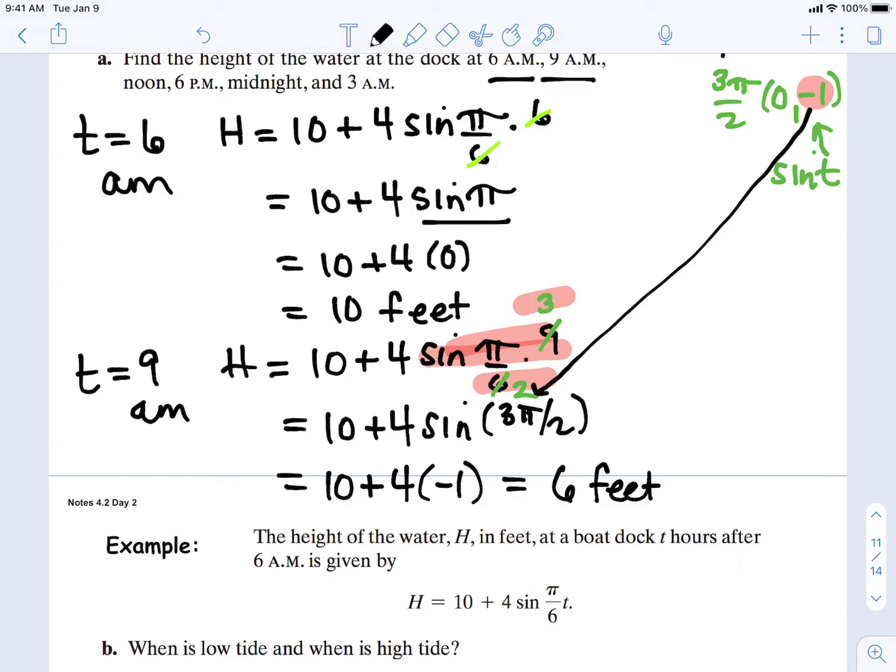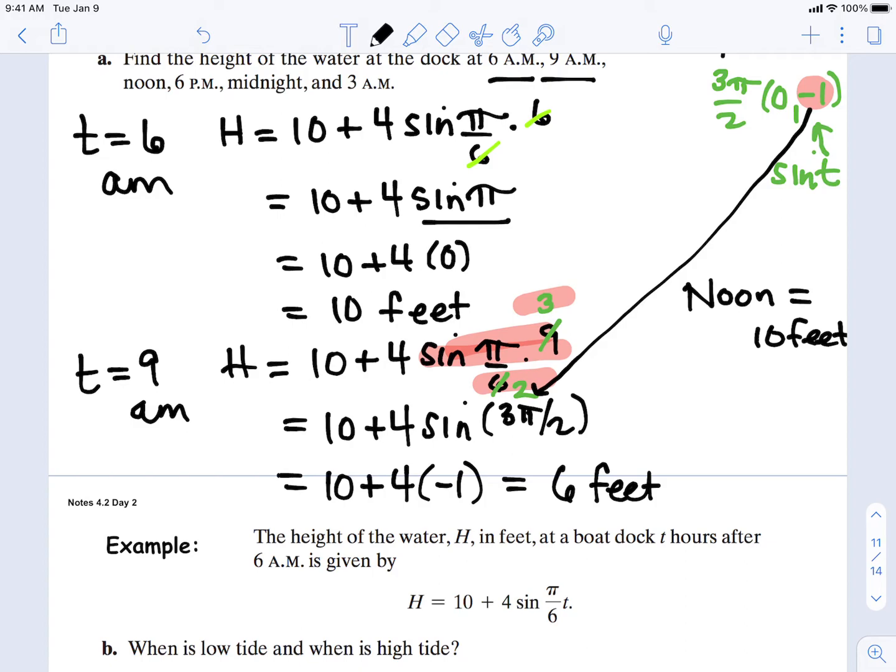We would continue doing this for noon, so we'd substitute 12 in. So I'm just going to give you those answers. So when the time is noon, we would get 10 feet.